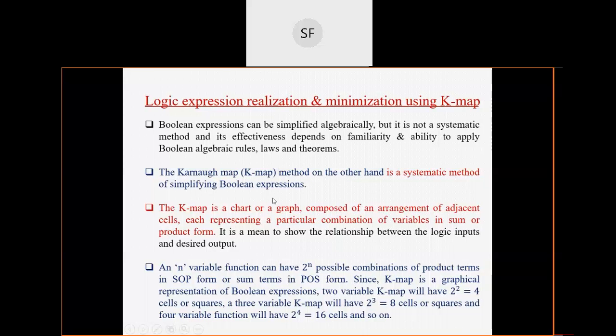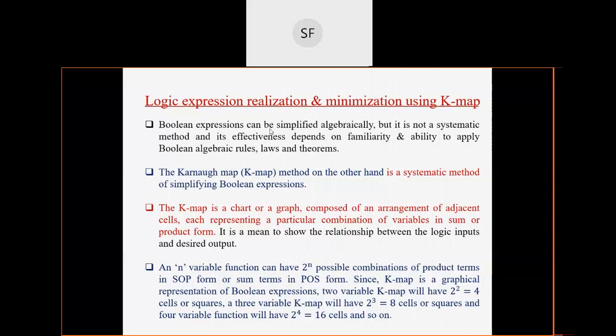These are a few points which will be needed in order to proceed with our discussion. First point is Boolean expression can be simplified algebraically. We have seen that simplification can be done algebraically as well as graphically, that means using K-map.